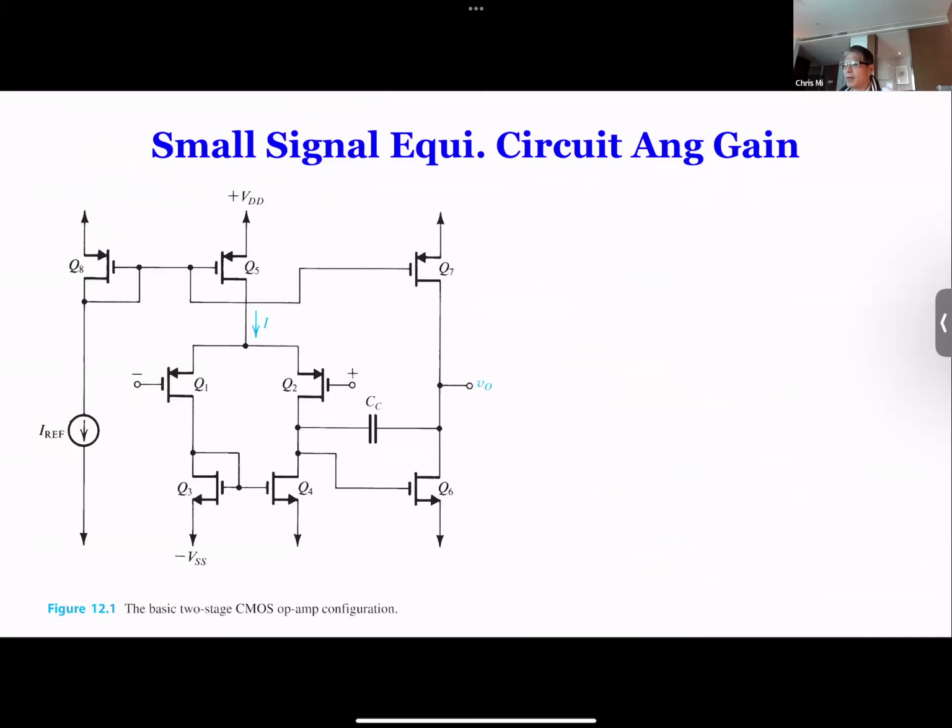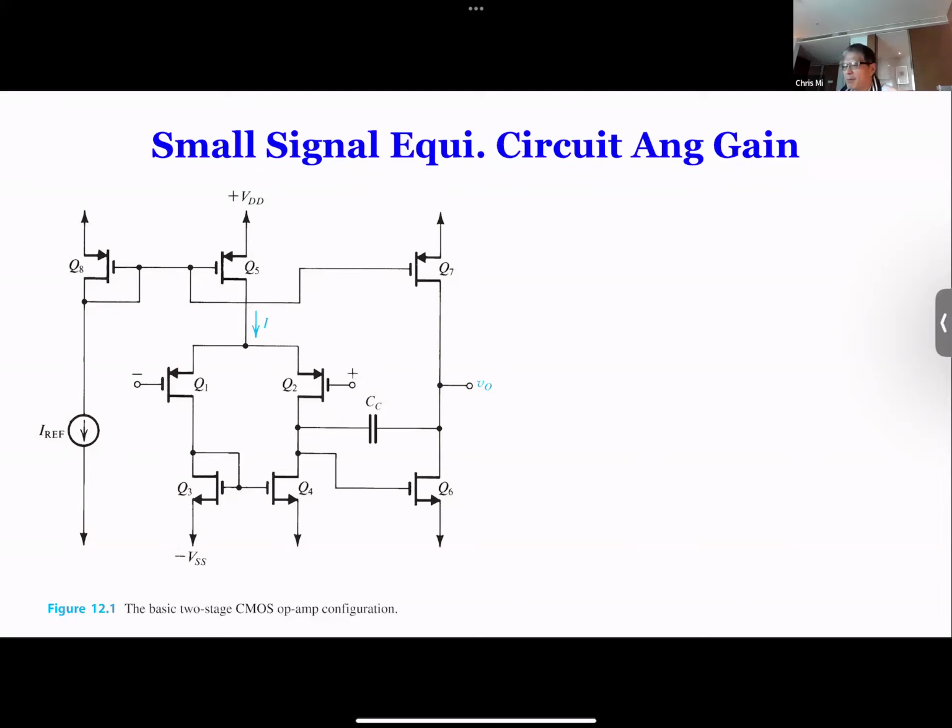So now I want to look at what we can do with the gain. We already have the input and output range, but we also want to look at what the gain of the circuit is. For the gain, all we need to do is draw the small signal circuit.